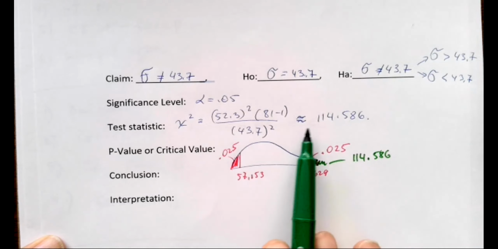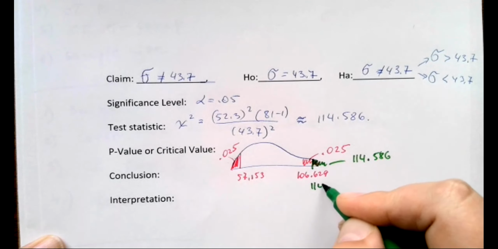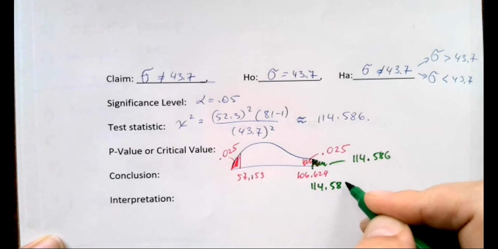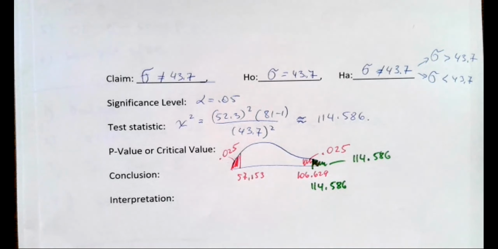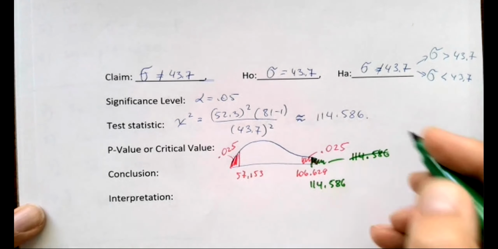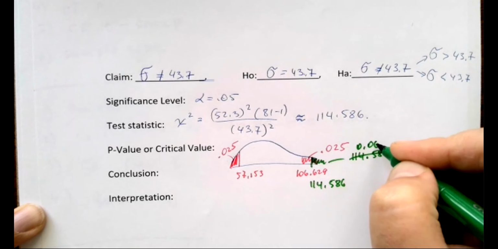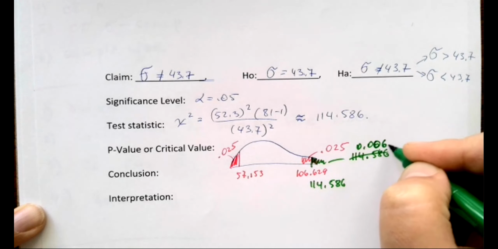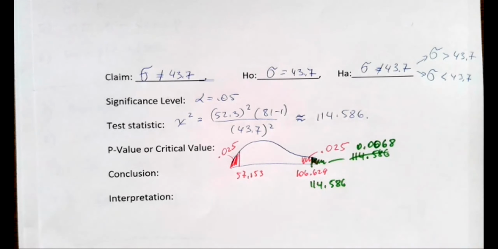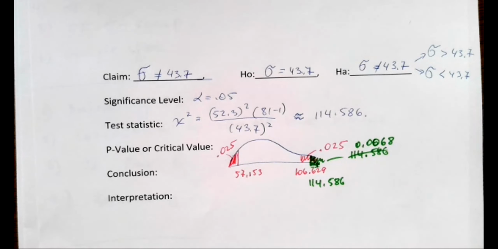Okay, now it seems like we have enough information to make our conclusion already, because we could see that our test statistic, that's the test statistic right here, of 114.586, and the p-value that corresponds to that test statistic is actually 0.0068. All right, so that little area right there is 0.0068.